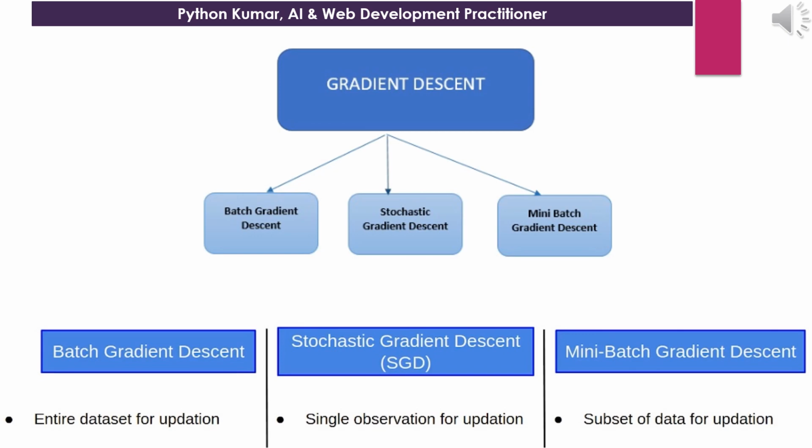So these are the three major types of gradient descent algorithm: batch gradient descent, the entire training set; stochastic gradient descent, one training example at a time; and mini batch gradient descent, small chunks of data at a time. These are the differences.